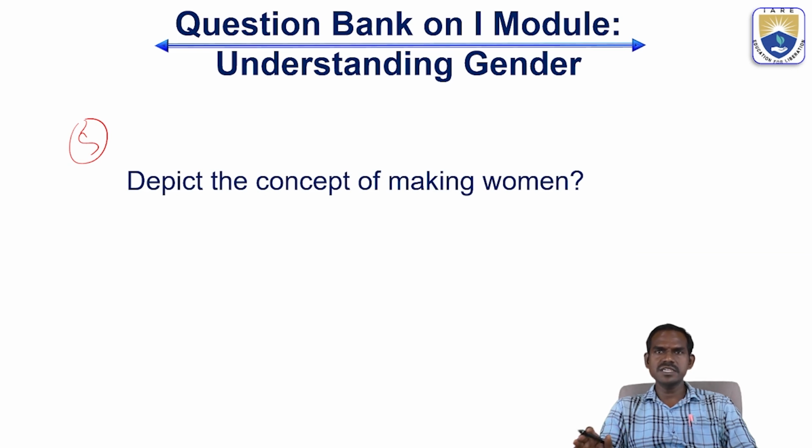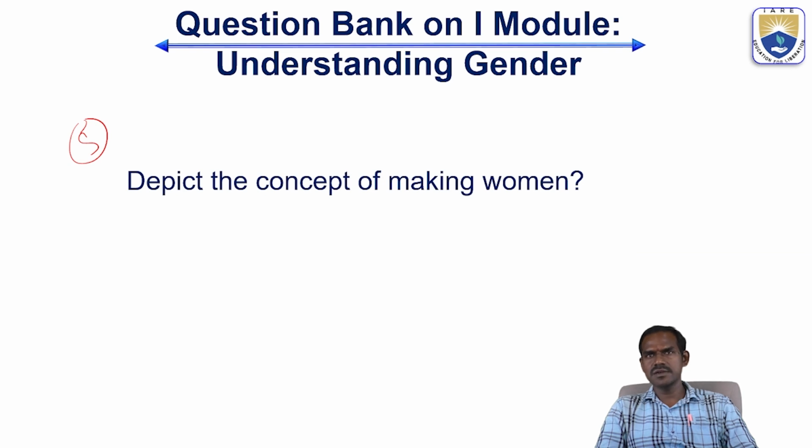So the way of teaching life by her father, okay, is very crucial in making a right woman. So from childhood onwards, the father and mother have to teach the way of living in a proper way without any gender discrimination, meaning gender equality.